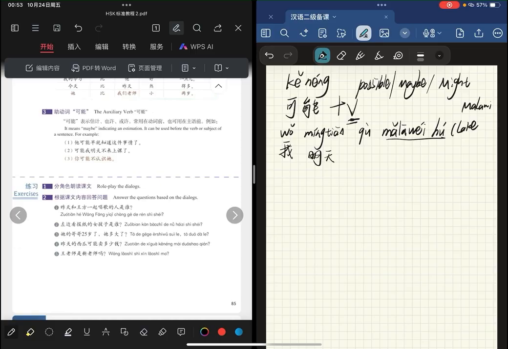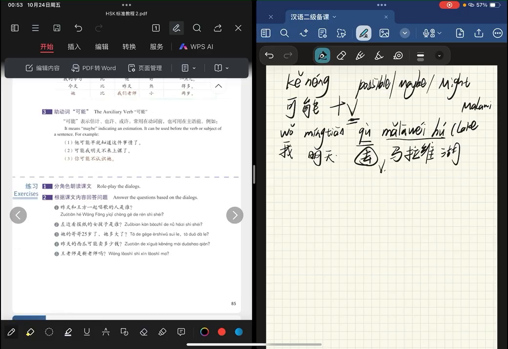Yes, we put 可能 before the verb, and 去 is go to. It's a verb, right? 去 is a verb. And I might go to Lake Malawi tomorrow.